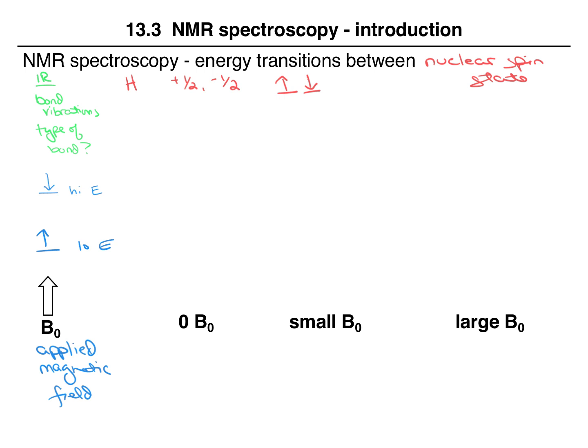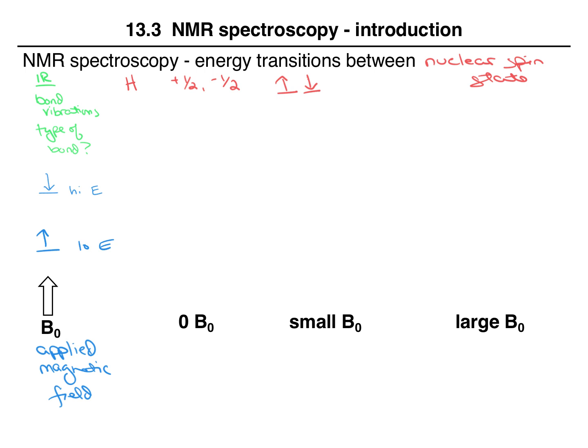And so if the right amount of energy is absorbed, then it can cause a transition from low energy to high energy, or from high energy falling down to low energy, and this is something that can be observed. Now, what are the differences in terms of the applied magnetic field?